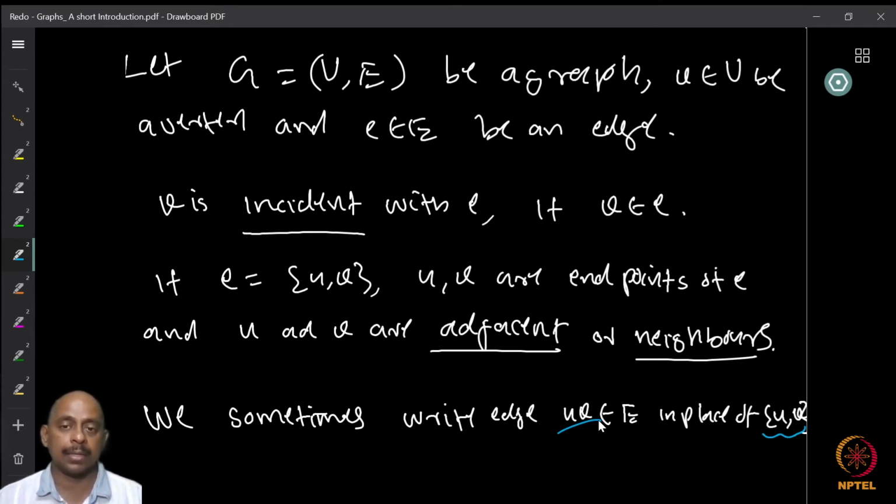Unless I state otherwise, we will use this notation. Of course, sometimes we will have to change the notation depending on the type of names that we use, or in some contexts we cannot use this notation. We will use the standard notation U comma V or some other notations. At that time, we will mention it explicitly. For the time being, let us assume that when I write UV in E, that means that UV is an edge.